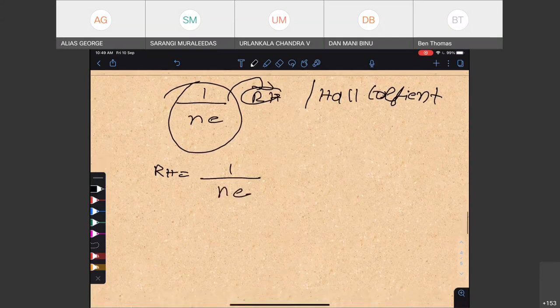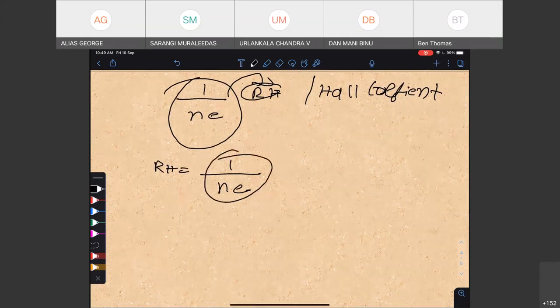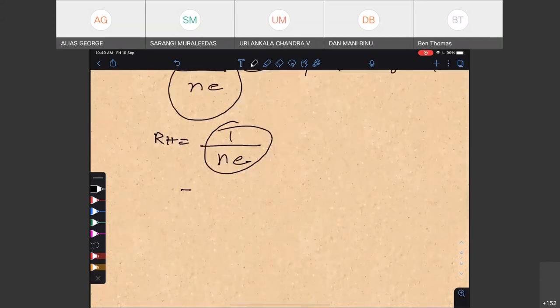As 1 by NE is a somewhat small equation, we can express this equation in other terms.